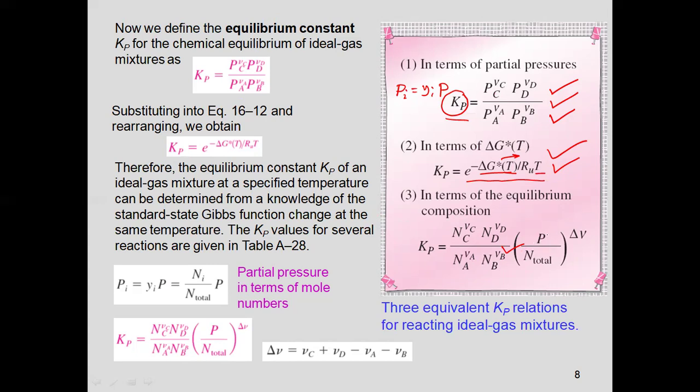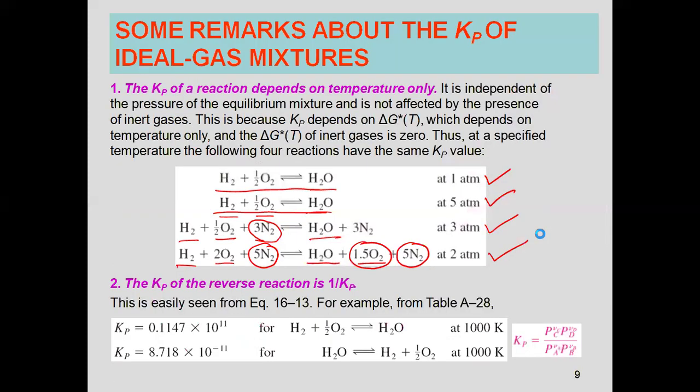Therefore the denominator terms will come in the numerator, and the numerator terms will come in the denominator. Therefore for the reverse reaction, the Kp value will be the reciprocal of the forward reaction. Okay, so that you have to understand. I guess you get it.